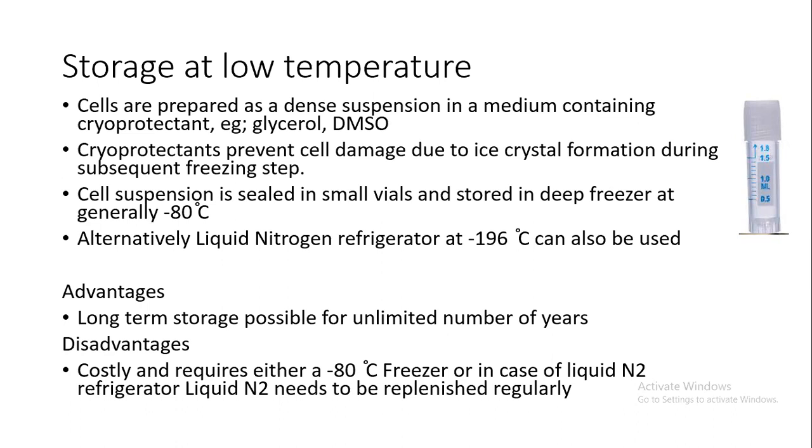Whenever you want the cells for your experiment, you just prepare your media, and you just remove the vials and just scrape off a little bit of ice or culture from the frozen vials, and just streak it onto a fresh nutrient plate, and you can put the vial back in the freezer. So that is how cryopreservation will work.